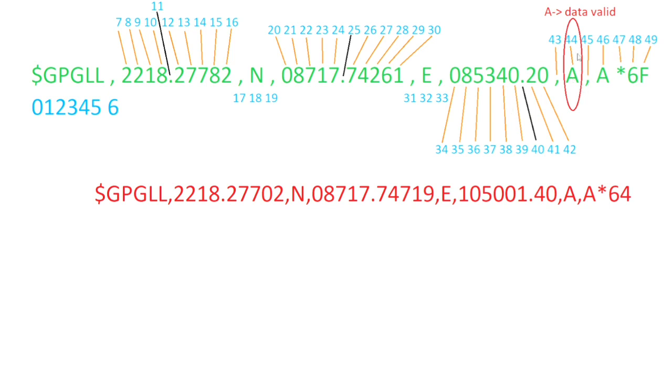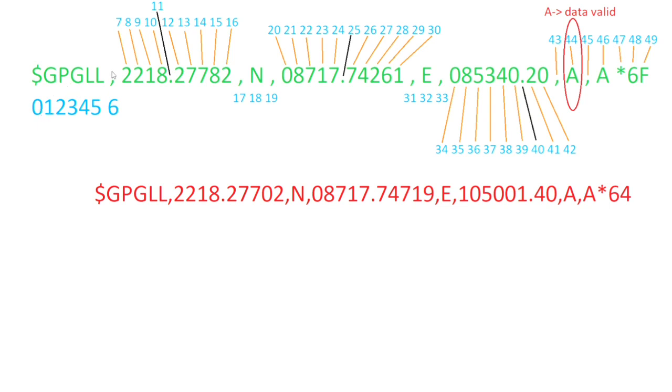And the 44th character, you can see I have numbered all the characters here. These blue color numbers are the number of the character in the array, that is the incoming byte array which I just showed you. So the dollar symbol stands in the zeroth array location, G stands in the 1.